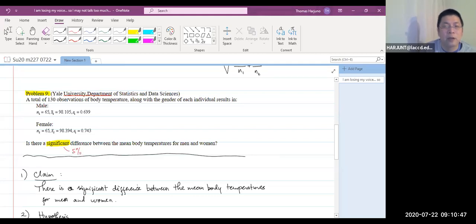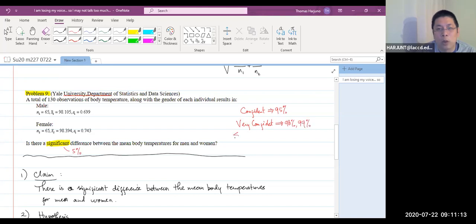The word significant. So confident refers to 95%. Very confident refers to 98%, even though in practice they use 99% more often.